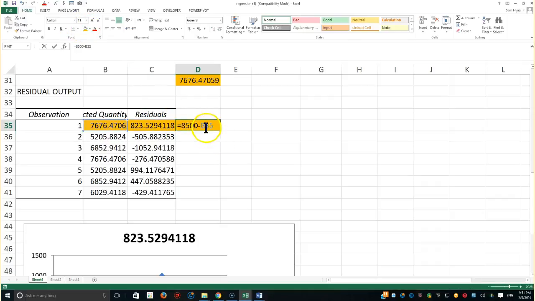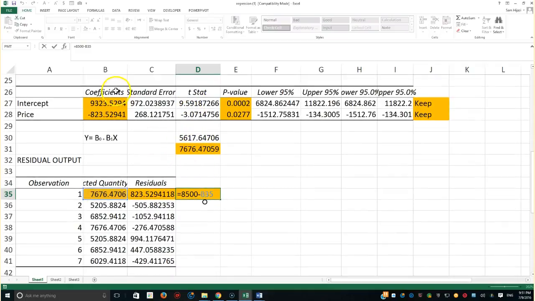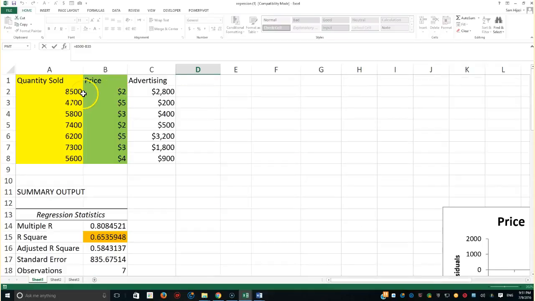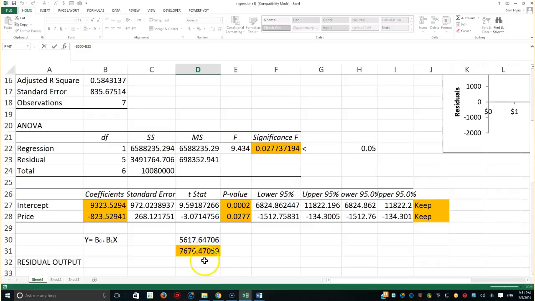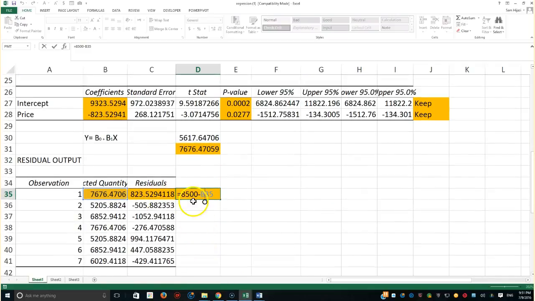But how did I obtain this value? It is the 8,500, which is the observed value, minus the predicted value through my equation. This is what Excel gave me to tell me how far this one is from the actual value. So it is 823 points from the 8,500.